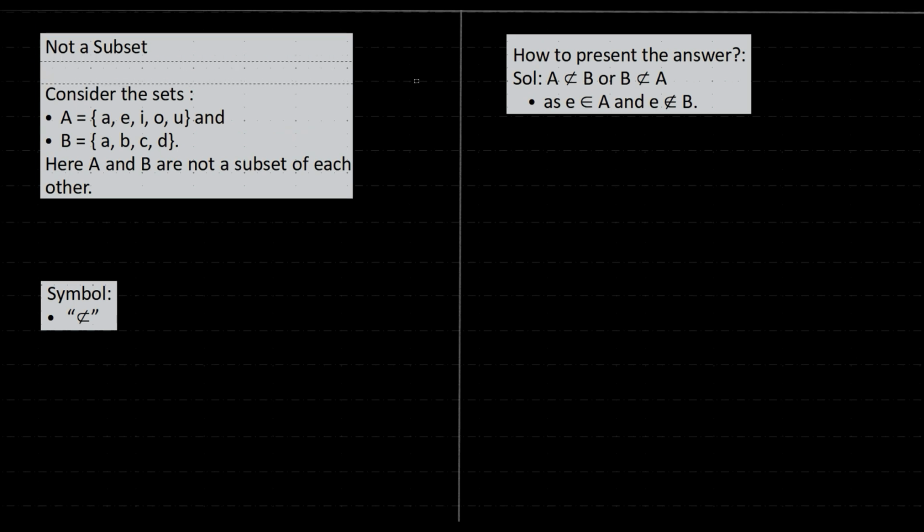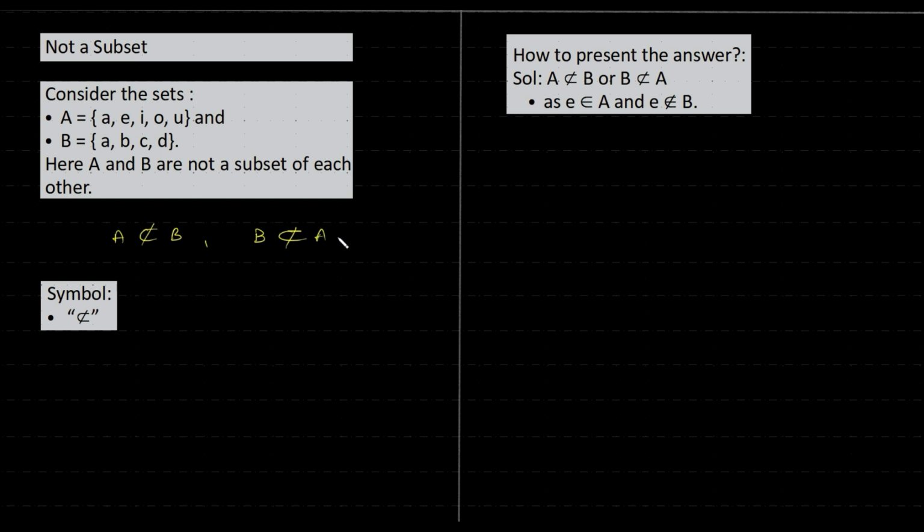So we have something like this. We have considered sets A, which is {a, e, i, o, u}, and B, which is {a, b, c, d}. Here A and B are not subsets of each other, right? So A is not a subset of B and B is not a subset of A. How to present the answer?